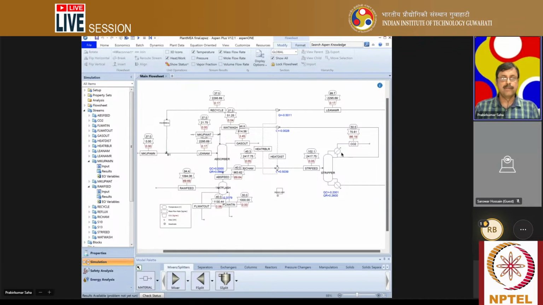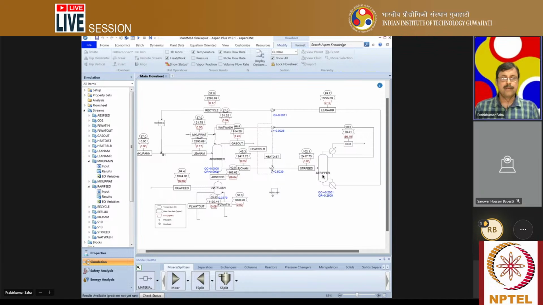CO2 is coming out. Amine is getting lean. It is fed back and recycled in the lean amine stream. In the gas out, mainly oxygen and nitrogen go out, and a very little amount of CO2.